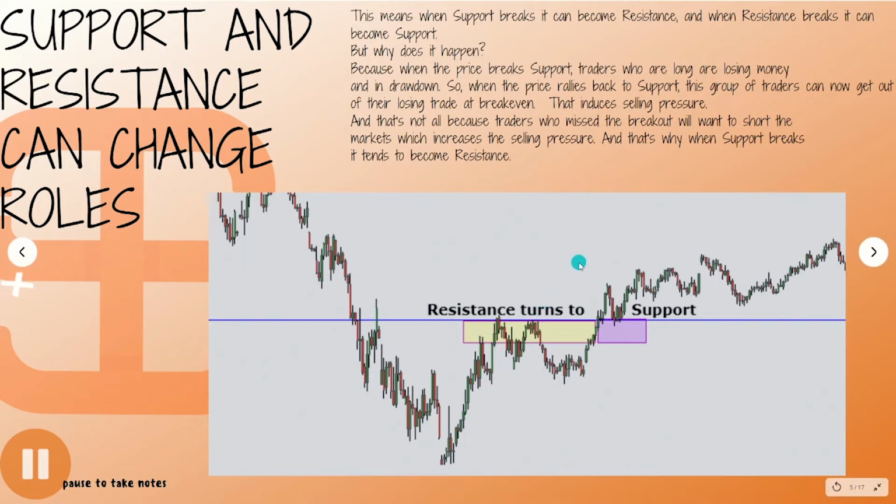The reason why this happens is when the price breaks support, traders who are long are losing money or in drawdown. So when the price rallies back to the support area, this group of traders can now get out of their positions and break even, okay?